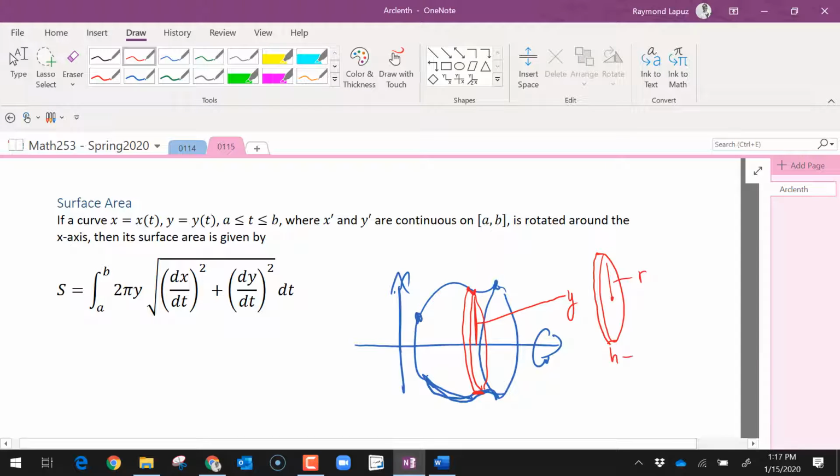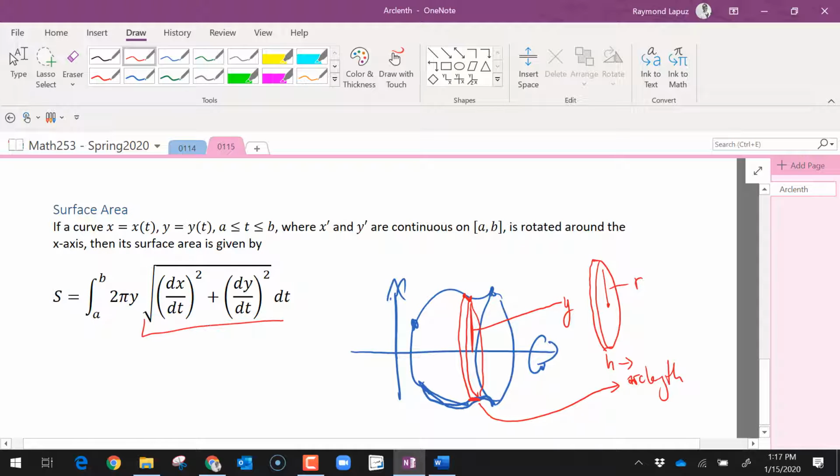And then the thickness here is just the arc length. And the arc length also contains your delta t. So your arc length part over here is that, and this is your height. This is your radius.